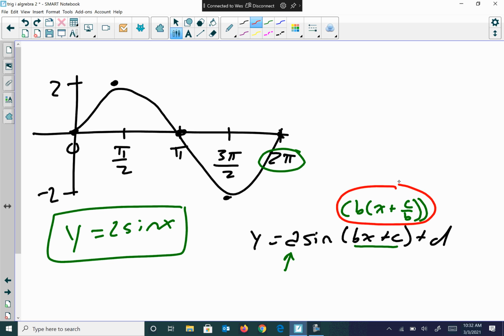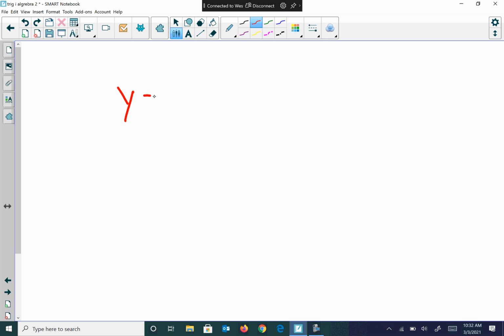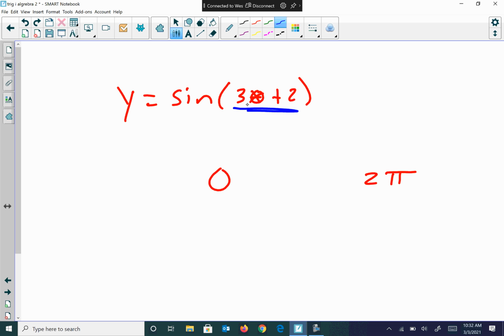So when they say stick it in the middle, let's say we had an equation that looked like this. So let's say we had that, okay? And sometimes they would call this theta. Theta means the same thing as x. So what you're going to do is, you know that your normal routine goes between 0 and 2 pi, right? So you're going to stick that in the middle.